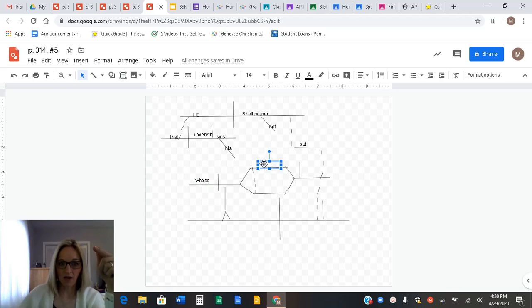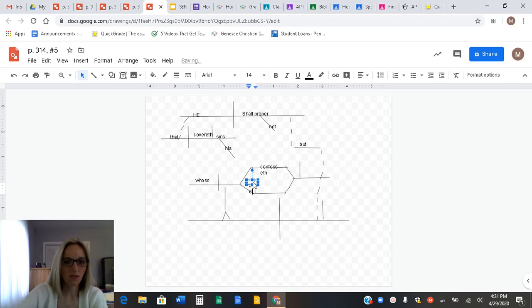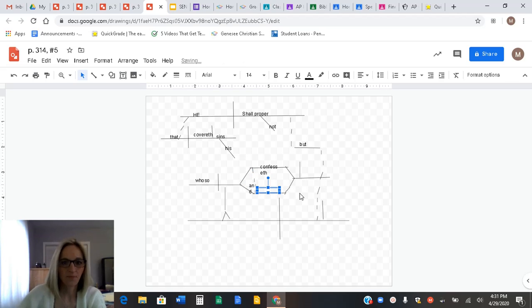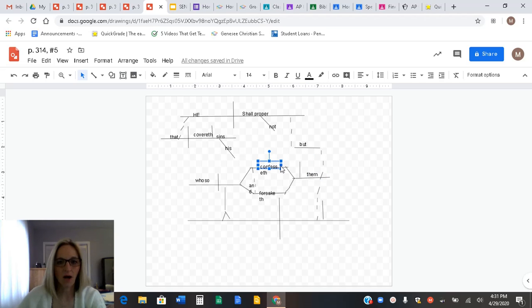Whoso, then I have two verbs, confesseth and forsaketh. Confesseth, remember, and goes here on the little dotted line. Forsaketh, okay, whoso confesseth and forsaketh what? Them. All right, those are my verbs, confesseth and forsaketh.